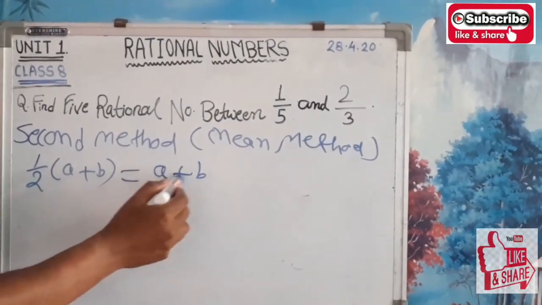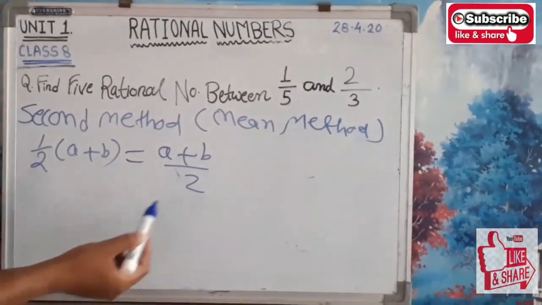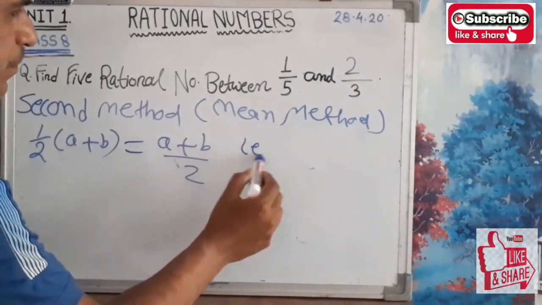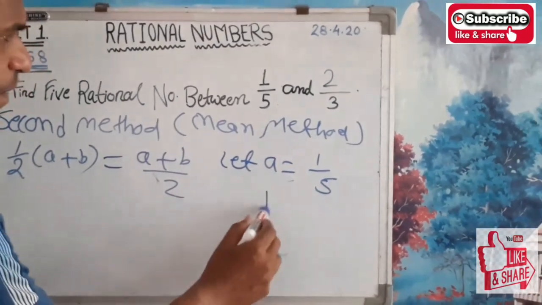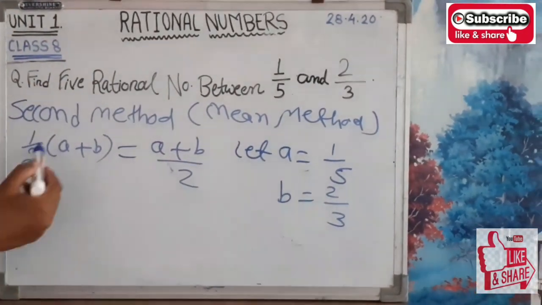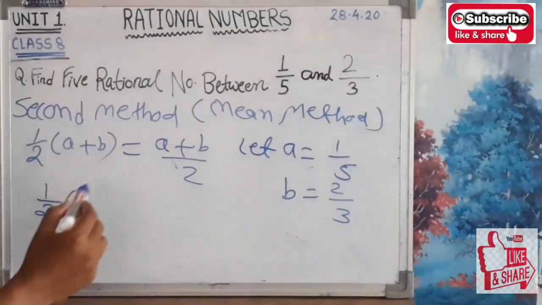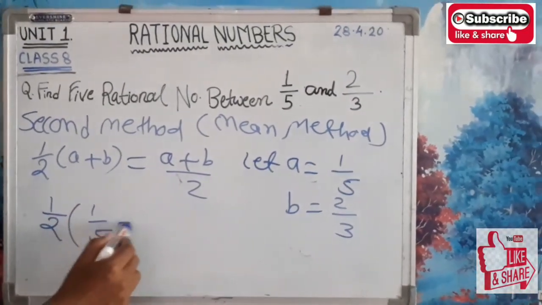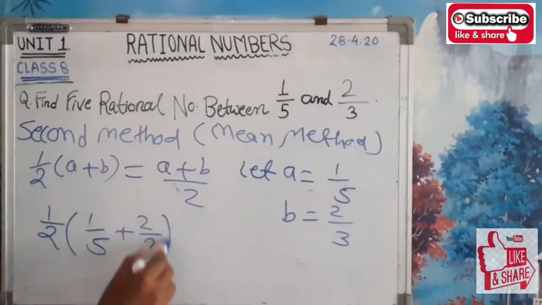Now let A equal 1 by 5 and B equal 2 by 3. Put the values in the formula: half of (1 by 5 plus 2 by 3).